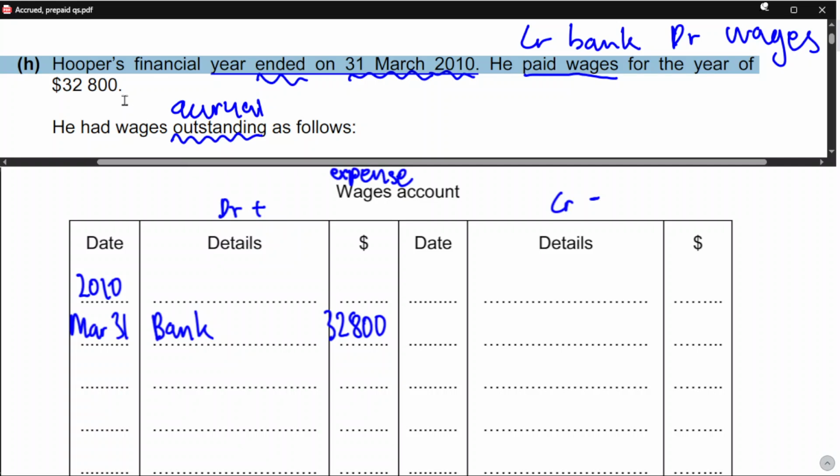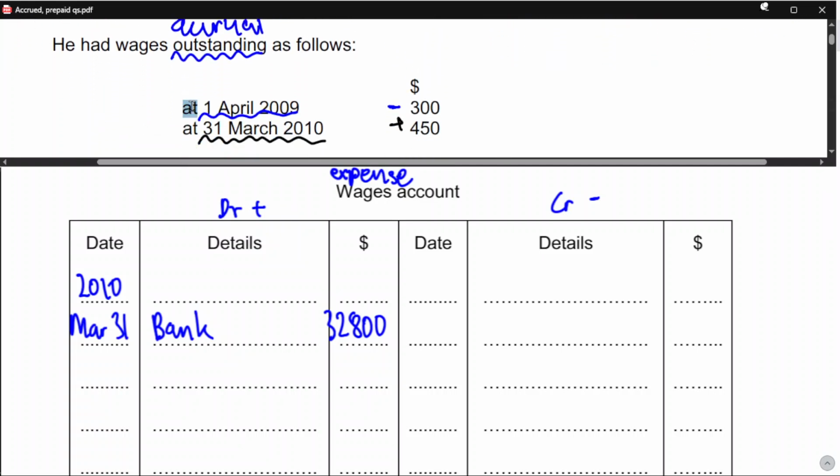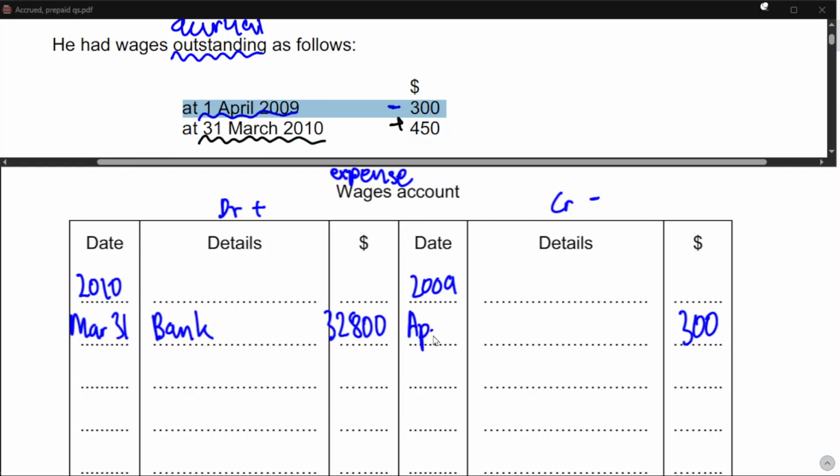Then let's go to the next line. So this line you want minus 300. This is the first day, so balance BD.